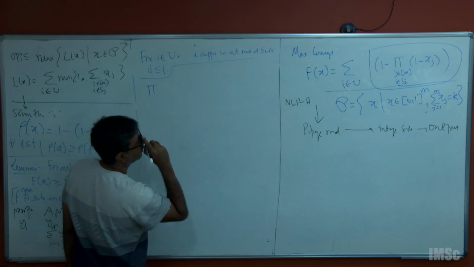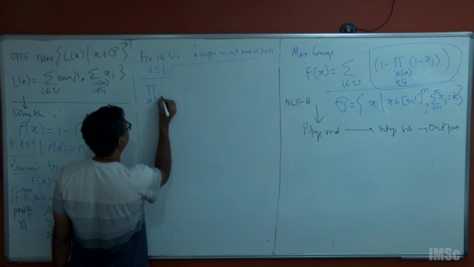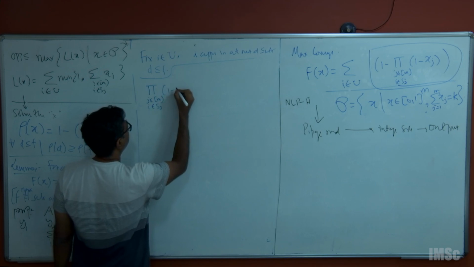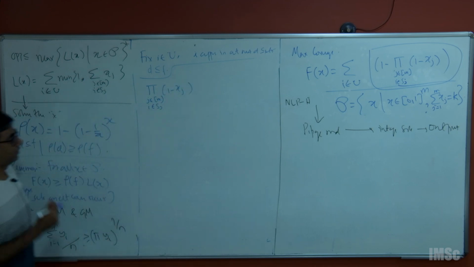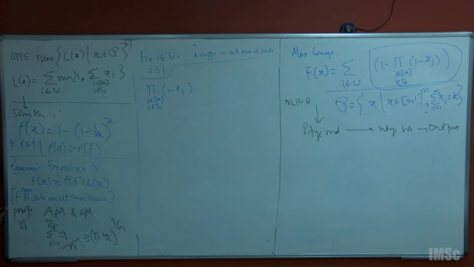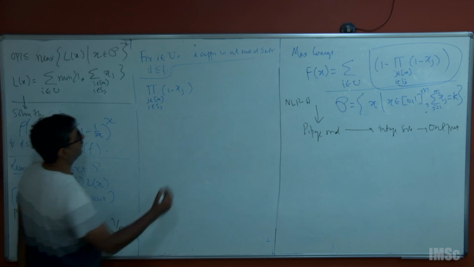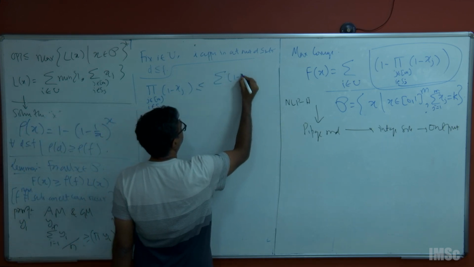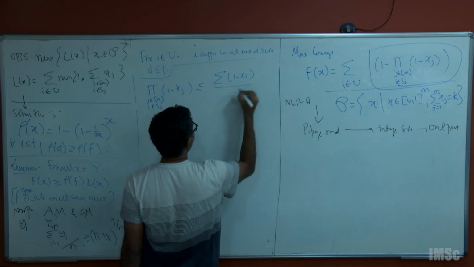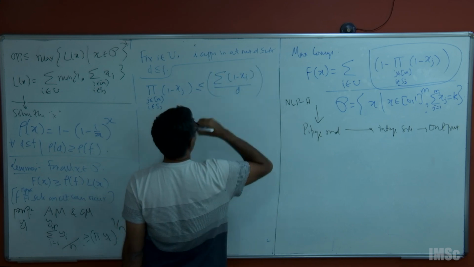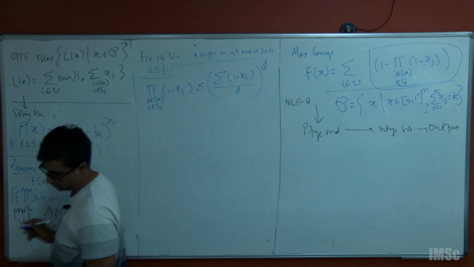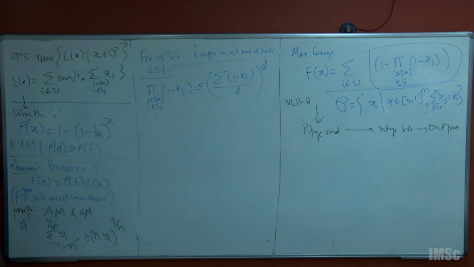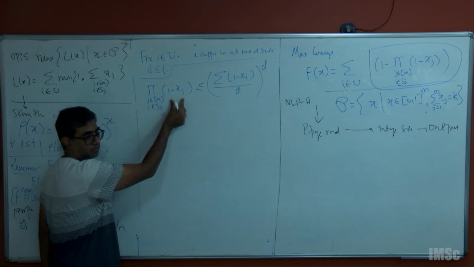The product over j in 1 to m, i belongs to Sj, of 1 minus xj. Think of these 1 minus xj's as yi. Then this is less than or equal to the summation of 1 minus xj divided by d, to the power d, because the product is over d sets. So, this is fine.